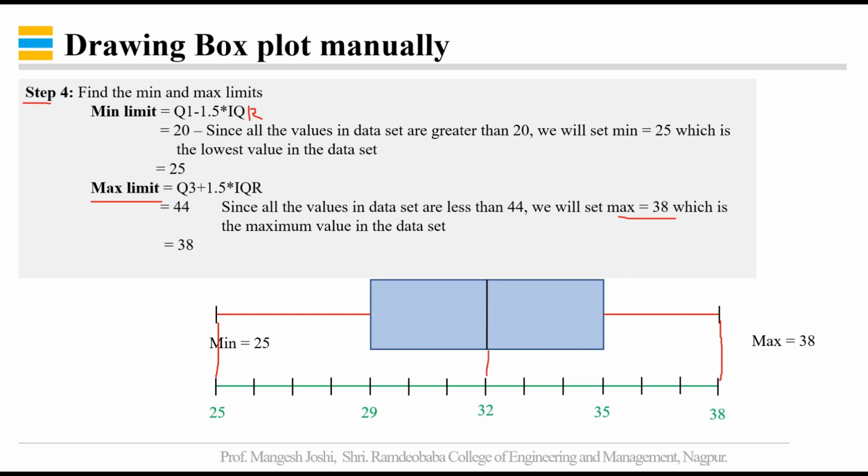The interquartile range is from 29 to 35, that is 6. Quartile 1 is 29 and quartile 3 is 35. So in this way we can plot the box plot manually, and this is the interval scale.